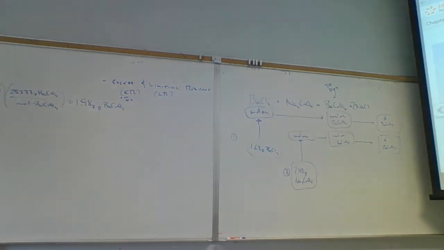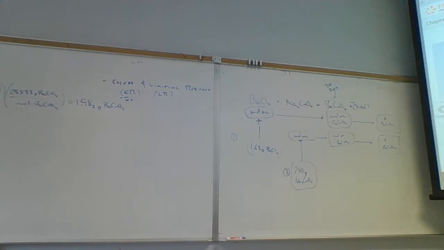So our next calculation is number 2. What is the yield from sodium chromate? So we're starting off with 2.40 grams of sodium chromate, and then we'll go to moles. So we have 2 sodiums.